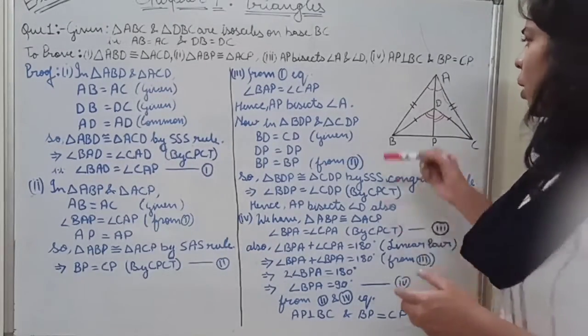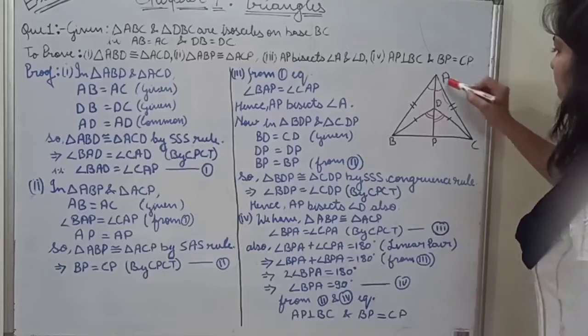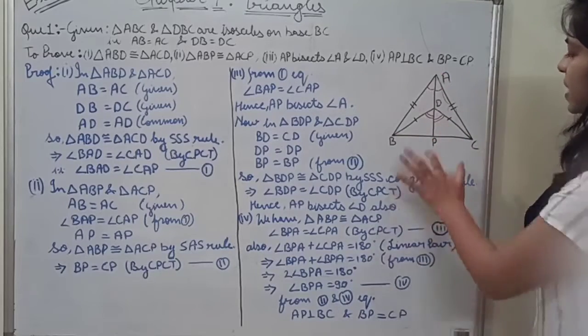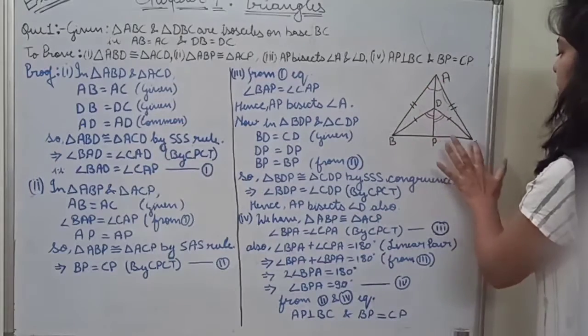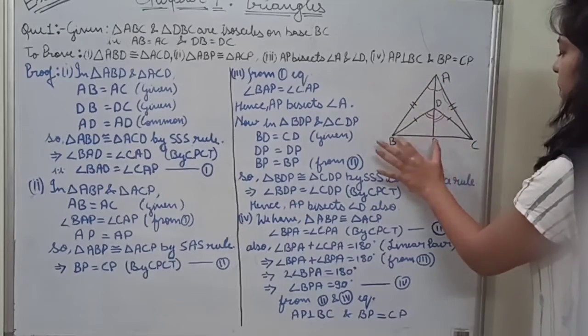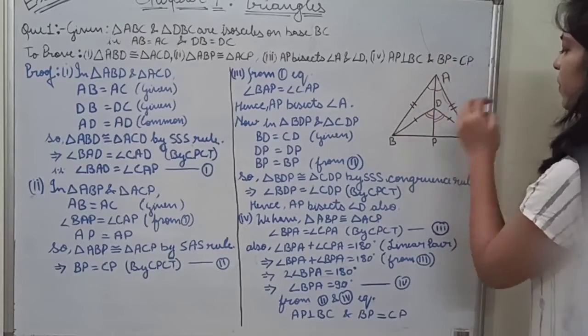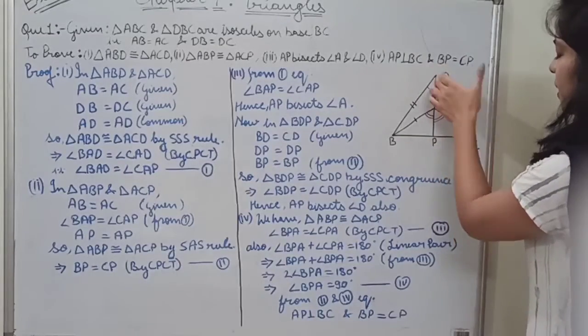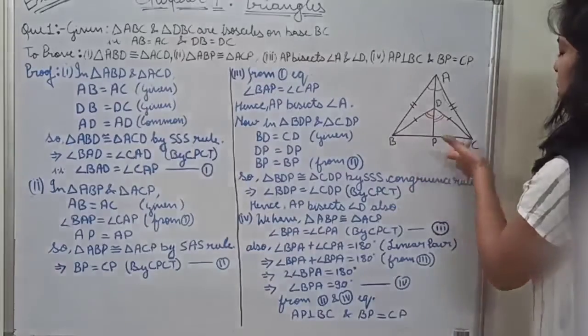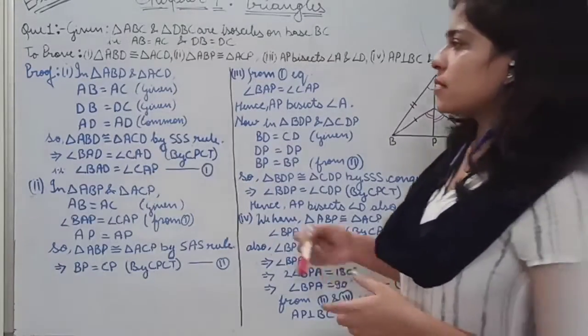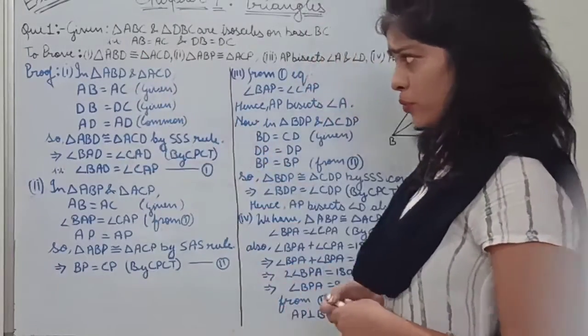Okay, now fourth one, AP perpendicular to BC means if we prove any one of this angle APB or APC 90 degree, then AP is perpendicular to BC. And BP equals to CP we have to prove, such that AP bisects BC. Next, let's come to the proof.